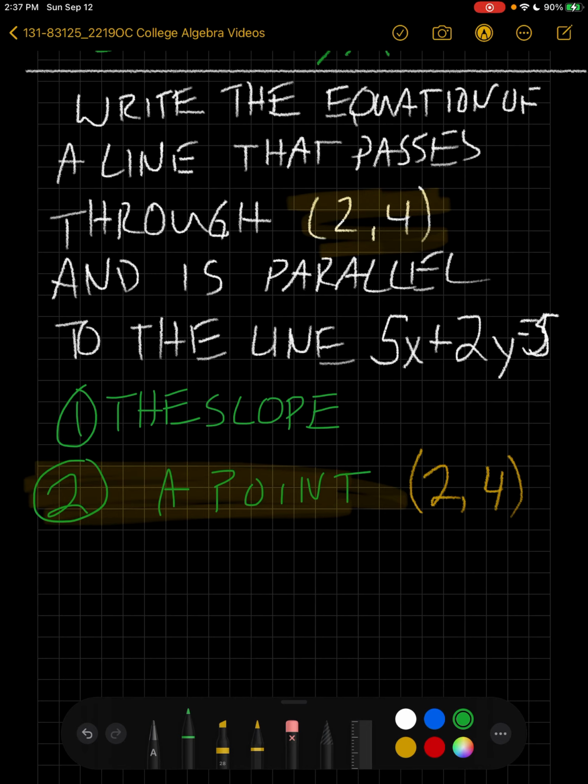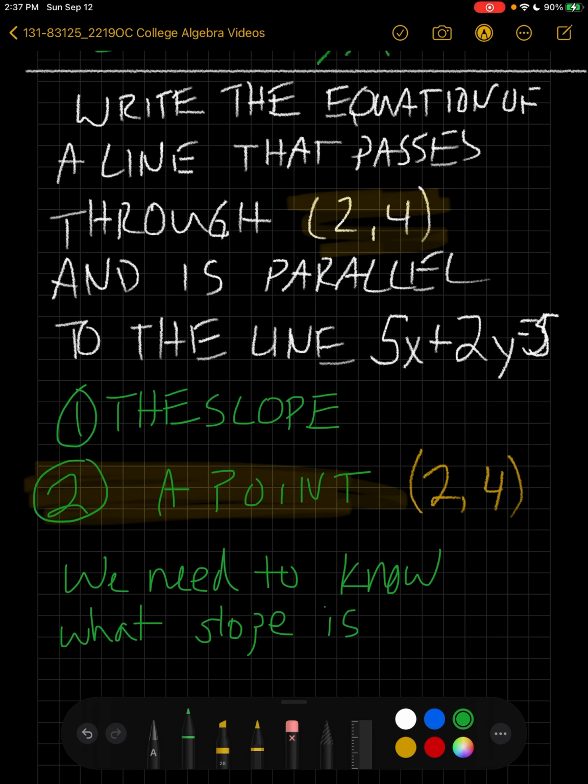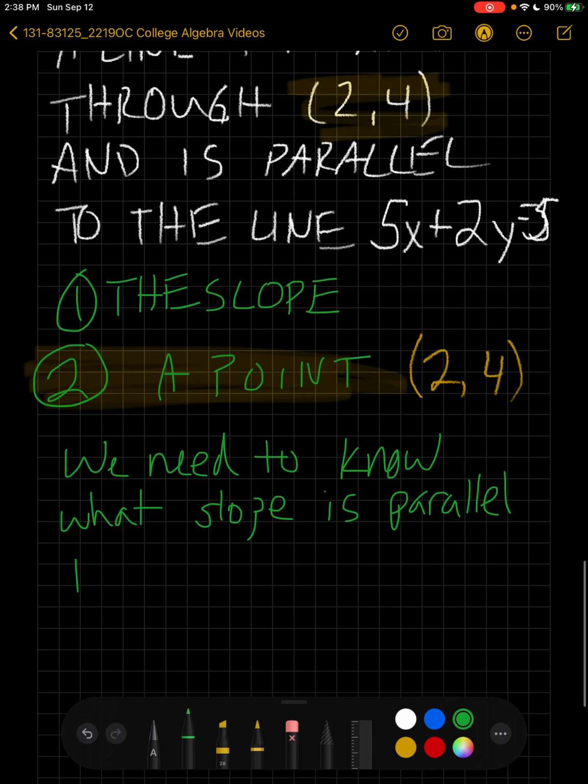So what we really need to know is what slope is parallel to 5x plus 2y is equal to 5.